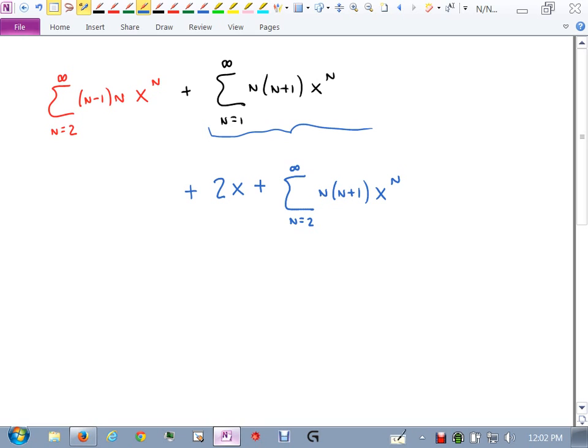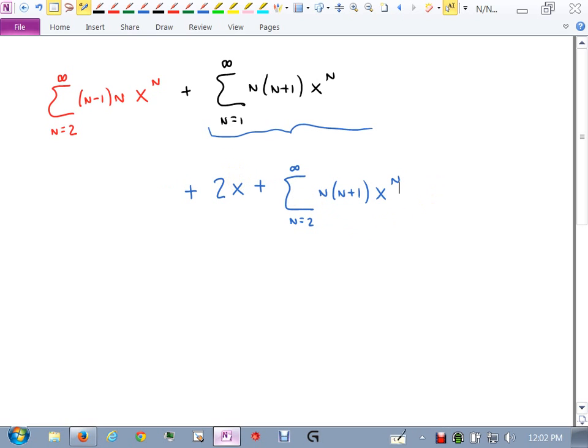That's all I did, I peeled the first one out of that series off so that the rest of it would start at 2 and on. Yes? So what if this had been a 3? Then I would peel the first 2 off. If it would have been a 10, I would peel off the first 9. Okay?